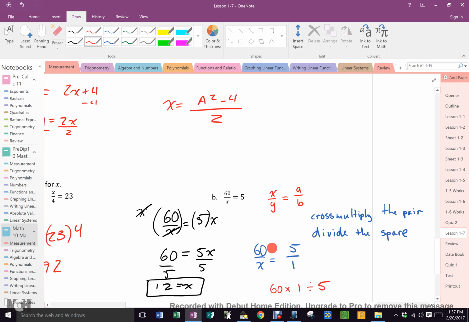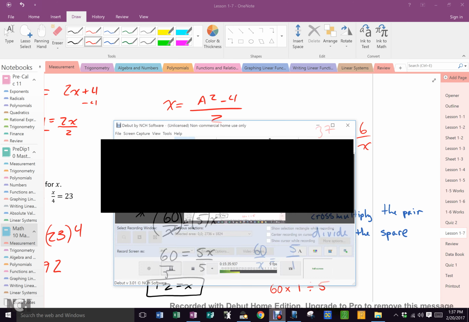Even if you have crazy numbers here, like 37 over 14 equals 6 over x. You would multiply this cross and divide by the leftover guy. And that will always give you the missing number. Okay? Everybody good? All right. I'm going to pause the video.